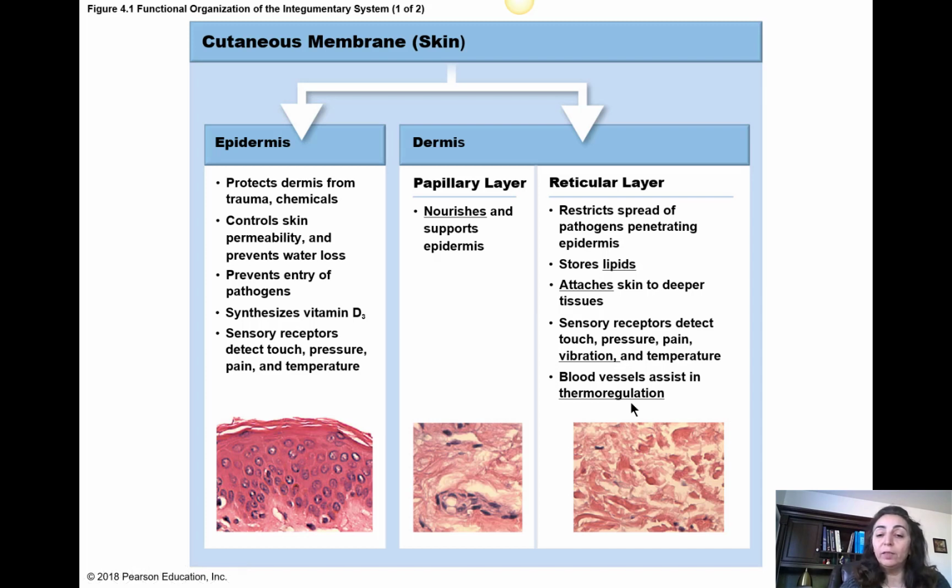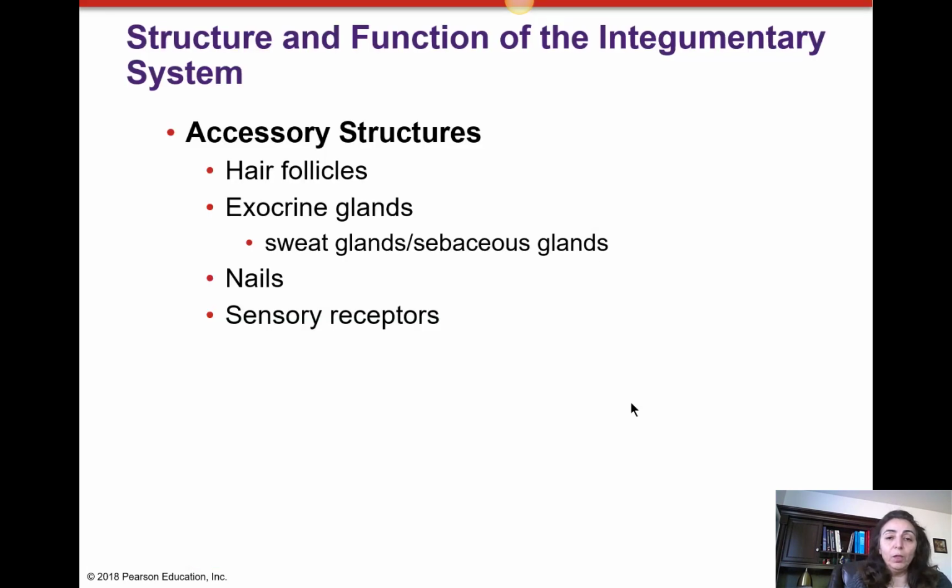Whenever the body needs to get rid of some heat, those vessels may get dilated so that more blood comes over there and they lose heat through the skin. Whenever the body needs to preserve the temperature, those blood vessels may contract so that less blood comes into those areas, right? So they have a big role in thermal regulation.